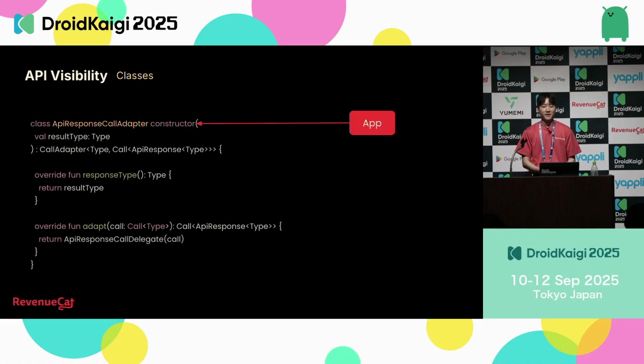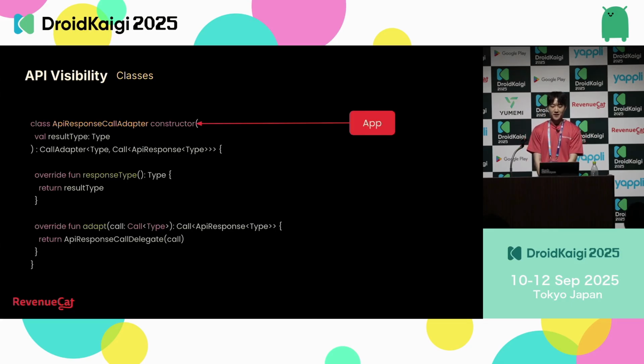And imagine you are building a library for providing a Retrofit call adapter. Normally, the call adapter should not be accessed from the user side, since it will be created by the Retrofit call adapter factory class.